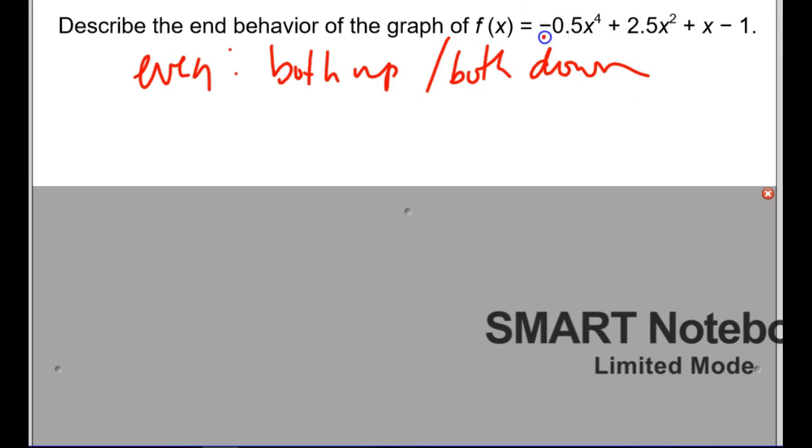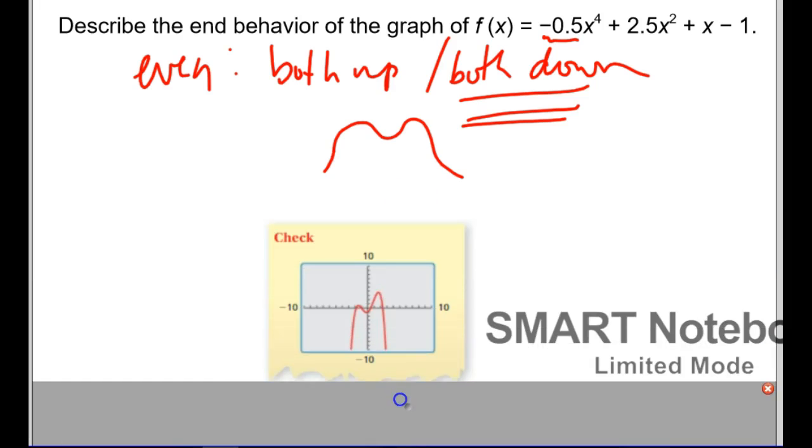And so then I have to look at this leading coefficient, and since it's negative, I know that both are going to go down. So it'll look something like this. And then I graph it, and I just see, yep, I was pretty close. Both as I approach negative infinity and as I approach positive infinity will reach negative infinity, right?